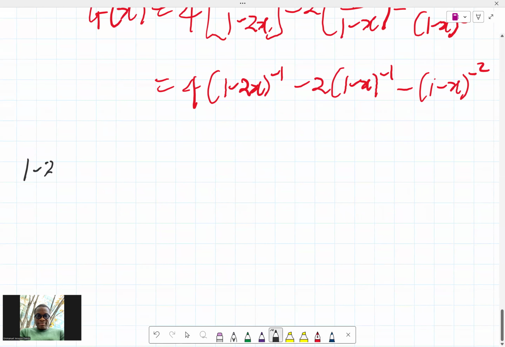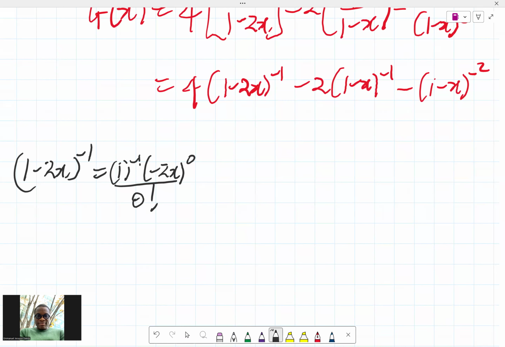This is really a long one. So we have 1 minus 2x raised by minus 1. So I'll just go fast and get the terms using binomial expansion. So we have 1 raised by minus 1, the minus 2x raised by 0 over 0 factorial. I'll just get the first 3 terms to see the pattern, plus, so minus 1 comes down now.